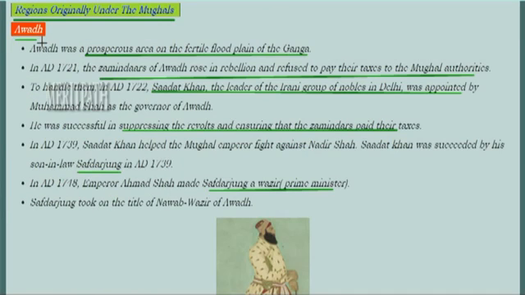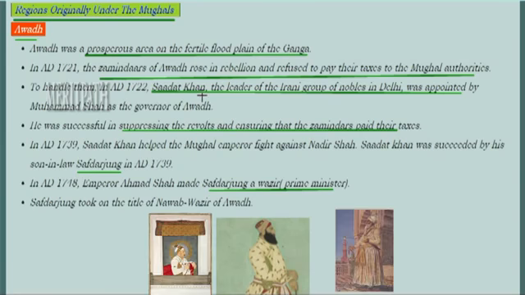First, the Awadh region. This is a prosperous area on the fertile lands of the plains of the Ganga river. In AD 1721, the Zamindars of the Awadh region rebelled against the Mughals and refused to pay taxes. Because they were not paying taxes, Sadat Khan, the leader of the Irani group of nobles, was appointed governor of Awadh by Muhammad Shah.